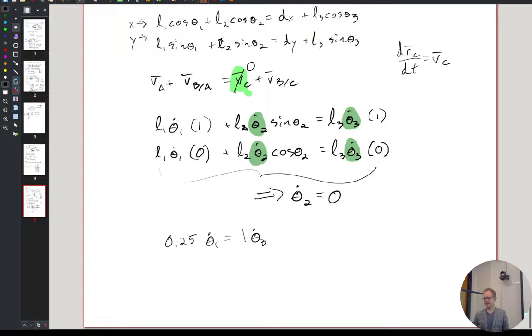Same process though. Oh wait, sorry. Like 2.5 radians per second, something like that. Looking good.